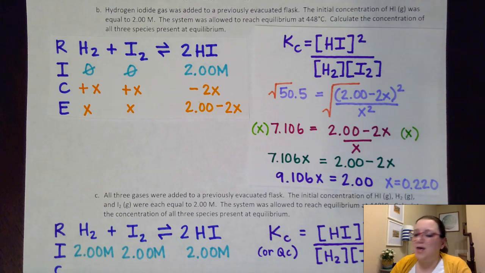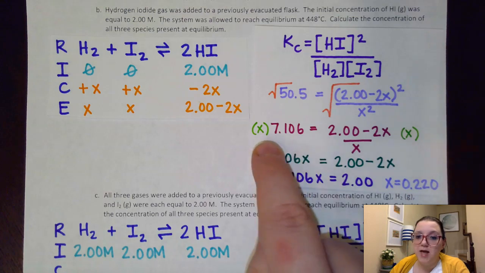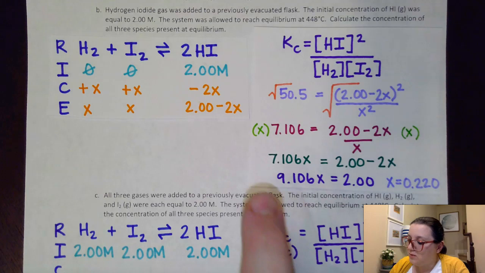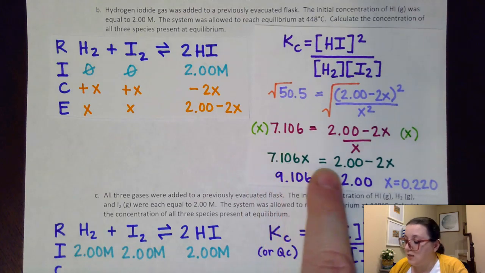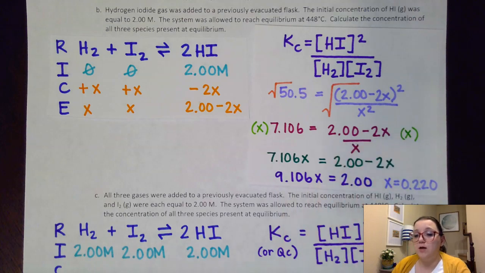Now, again, I see an unknown variable in the denominator. Terrible place for it. We want to get it out. So I multiplied both sides by x. That would cancel out this x over here, but that would leave me with 7.106x on this other side, equaling the 2 minus 2x that we still had in the numerator. So again, I want to combine like terms.